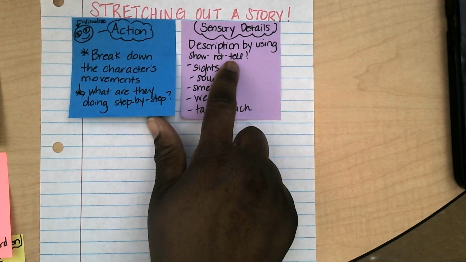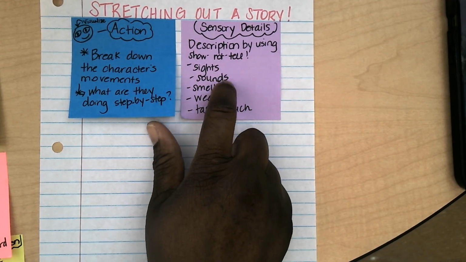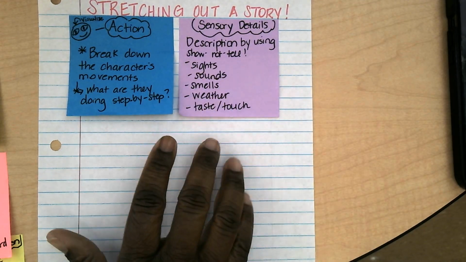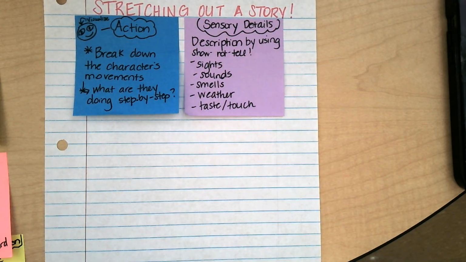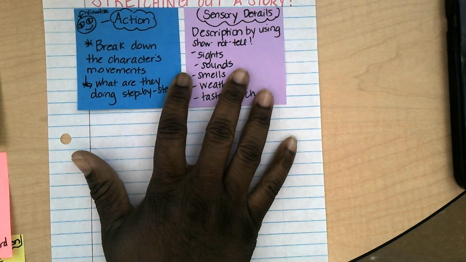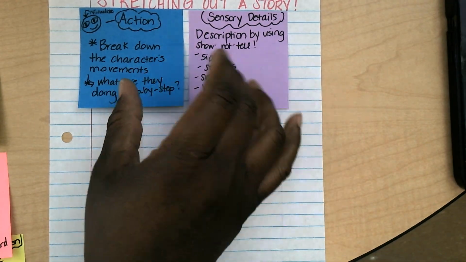It can be setting. It can be pretty much anything they're trying to describe. So the word choice is important. Adjectives are important. They want to be very vivid in their writing. So description using show, not tell, or sensory details, is another way to stretch out the stories.